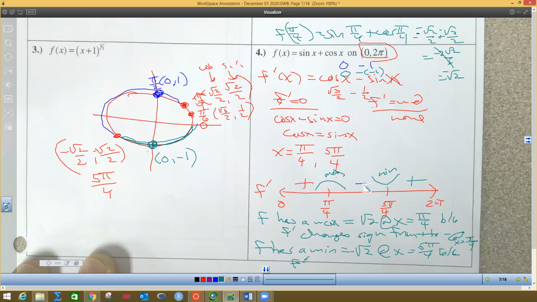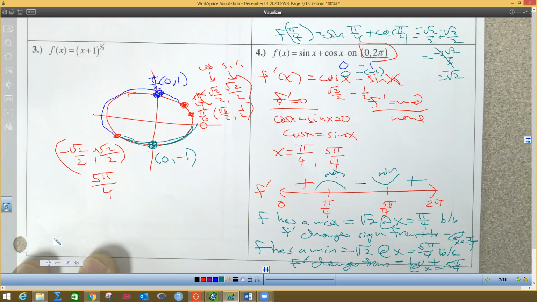You can always look right up here. What did it change from? F prime changes sign from negative to positive, and you can use these symbols at x equals 5 pi over 4. Now that's a lot of work, but that's going to be worth probably 3 or 4 out of 9 points on an open-ended question.